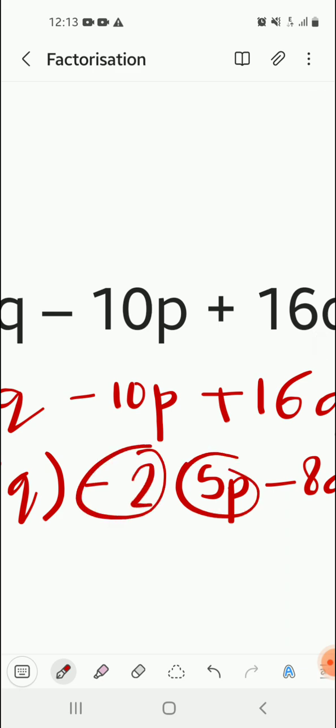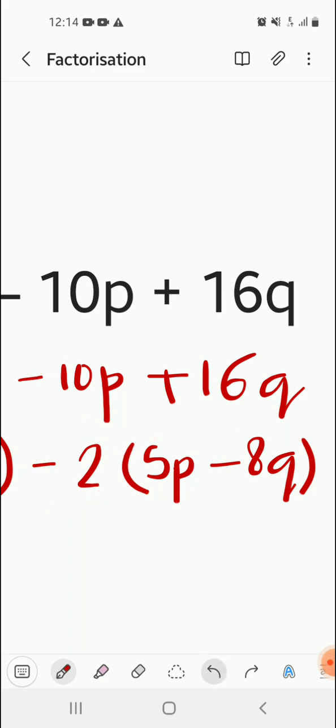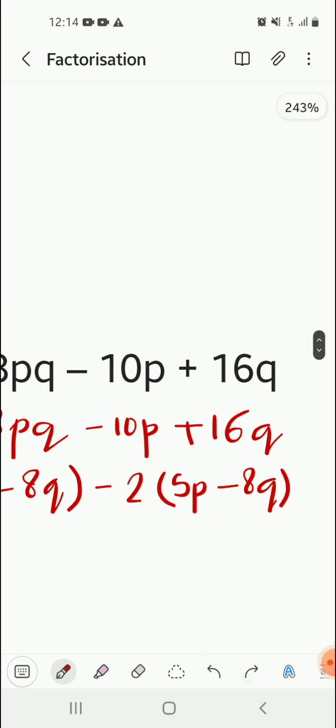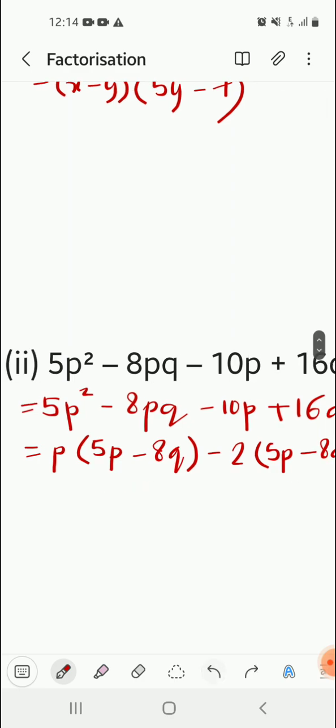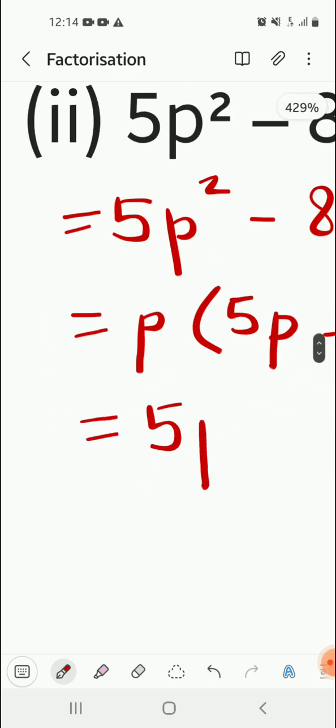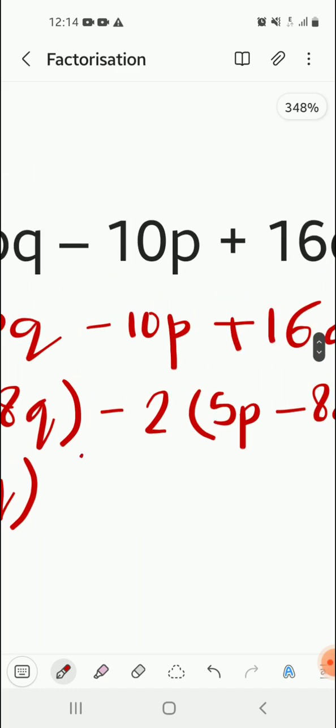So minus 2 into 5 is minus 10p. Minus 2 into minus 8 is plus 16q. So here you can see we have got 5p minus 8q common for both. And p minus 2.